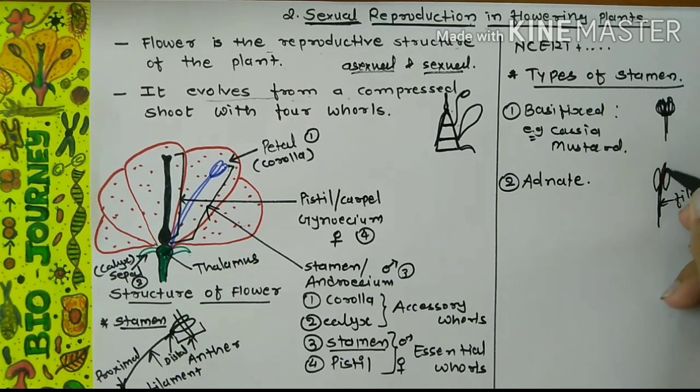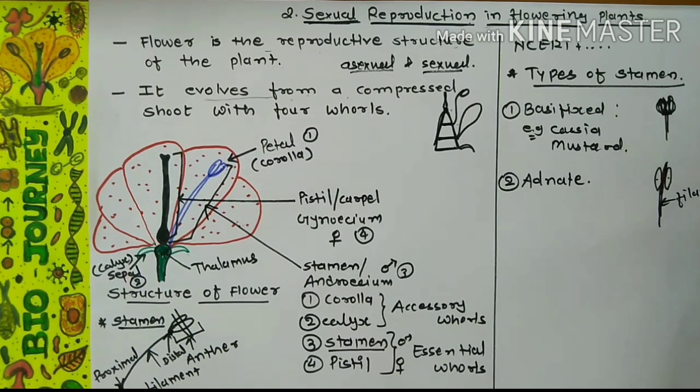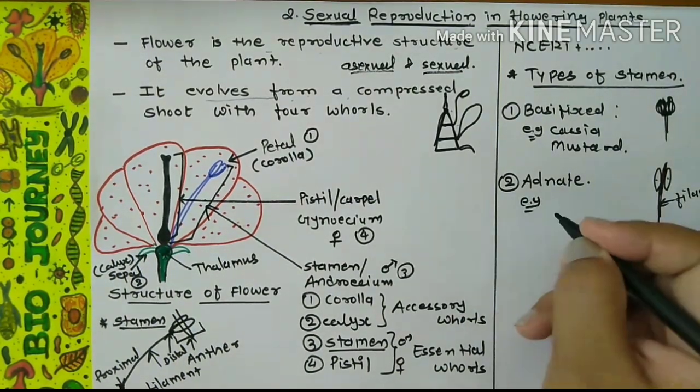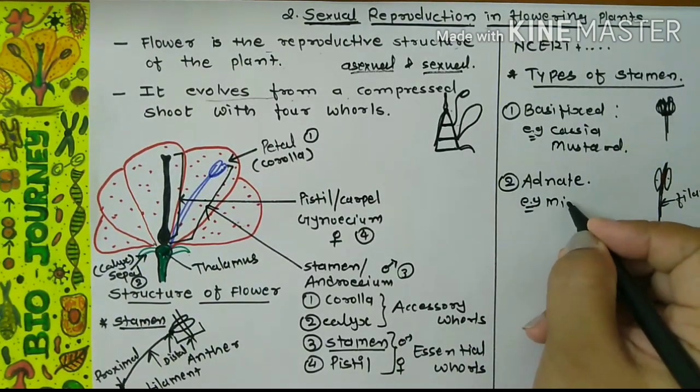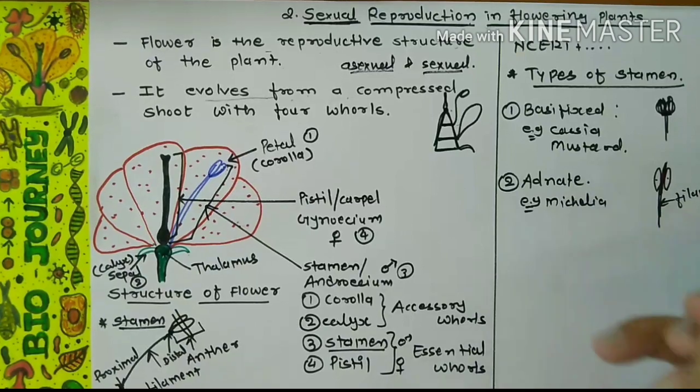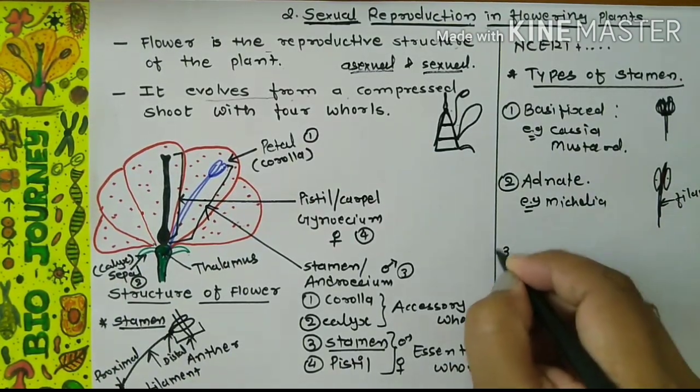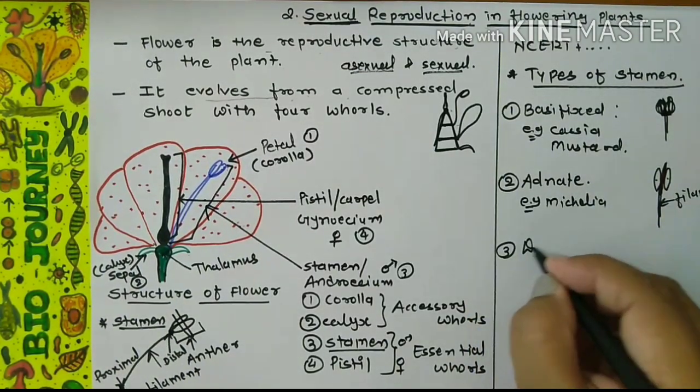This is the filament. So you can see the continuation, and these two lobes are of the anther. An example of this type of stamen is Michelia.